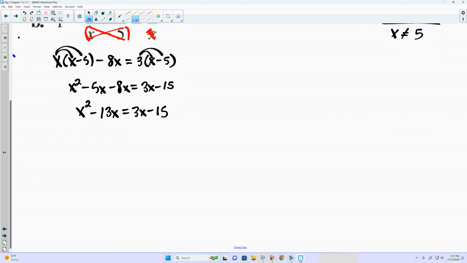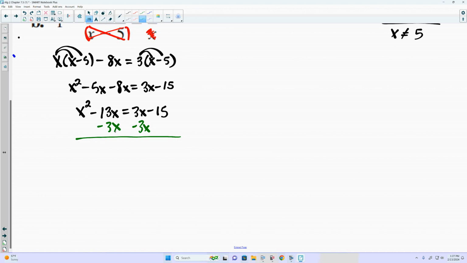Now since we have a quadratic term, an x squared, we need to get this equal to 0. What can we do first? I would minus the 3x. Because minusing or adding the 13x is not wrong. We're trying to get it all on one side, and here either way would work. Adding 13x and then subtracting x squared would work.